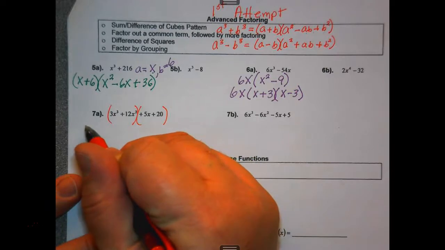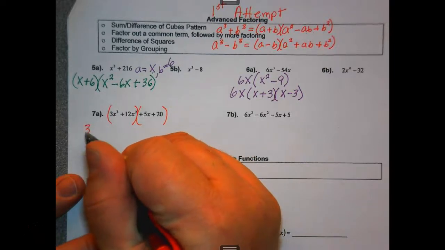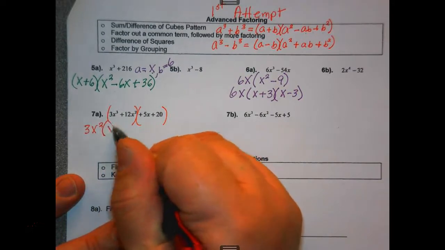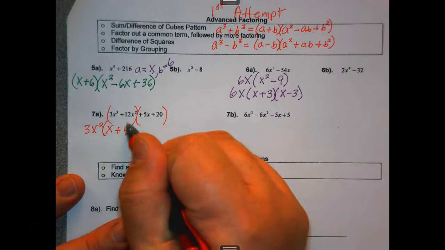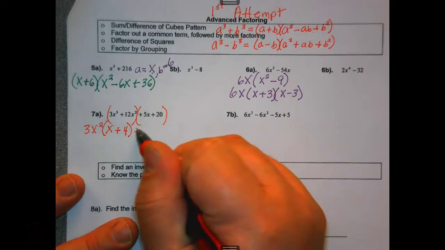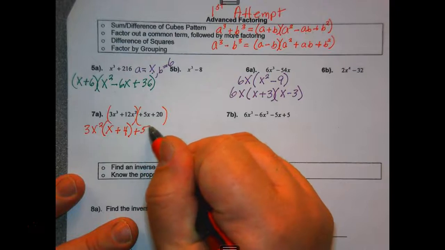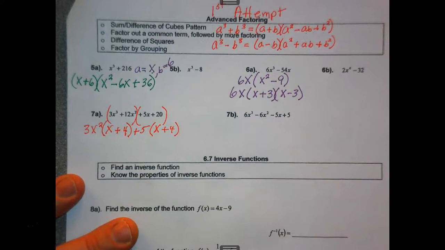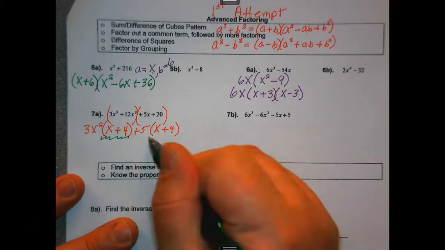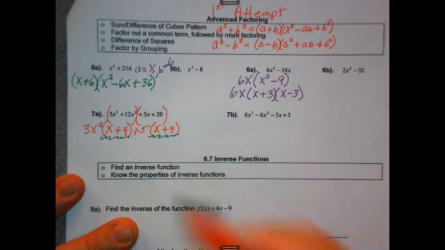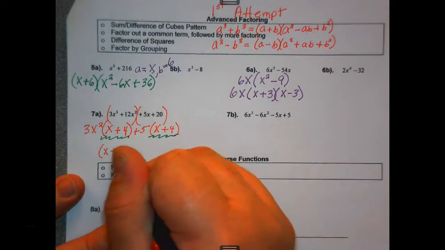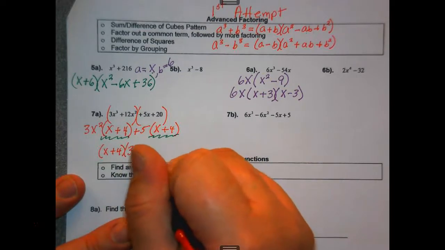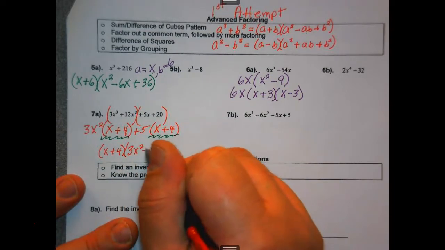So I take out a 3 and 2 x's, which leaves me with x plus 4. The other one better be an x plus 4, otherwise we probably did something wrong. So I have x plus 4 and 3x squared plus 5.